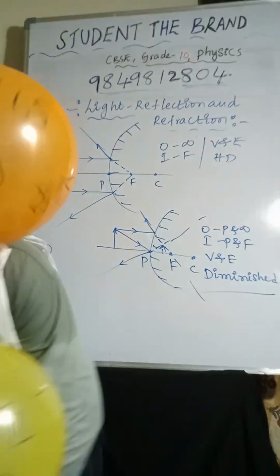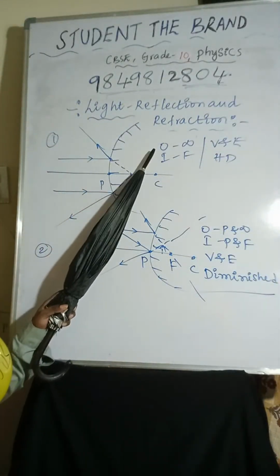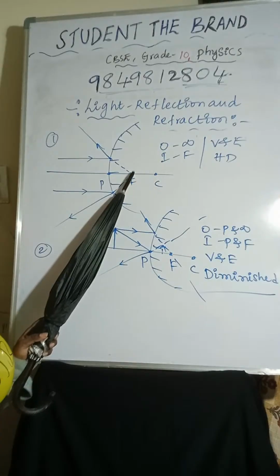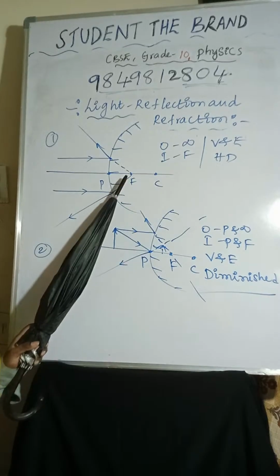So here you can observe, object is at infinity, image is forming at focus. Nature of the image is virtual, erect, and highly diminished.